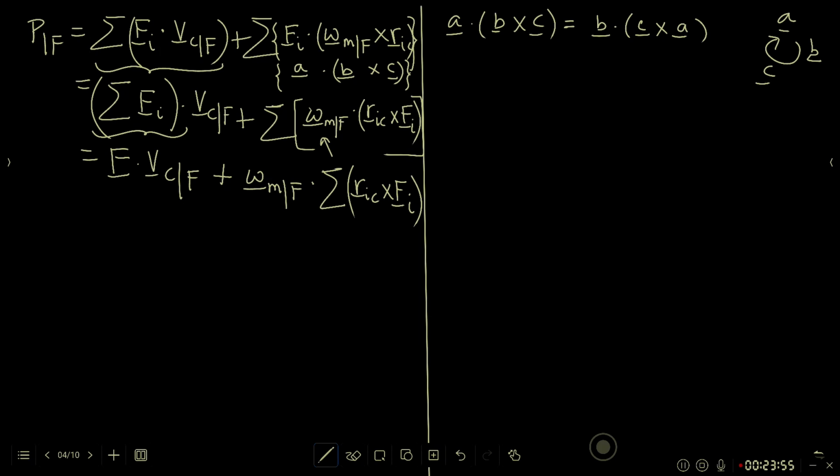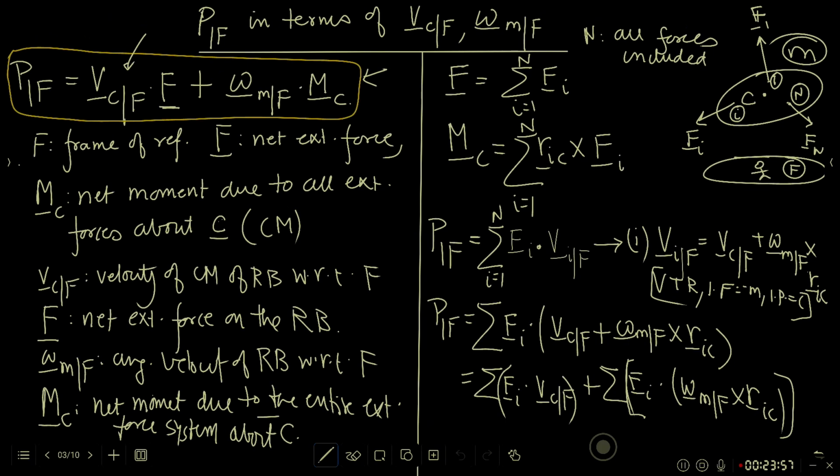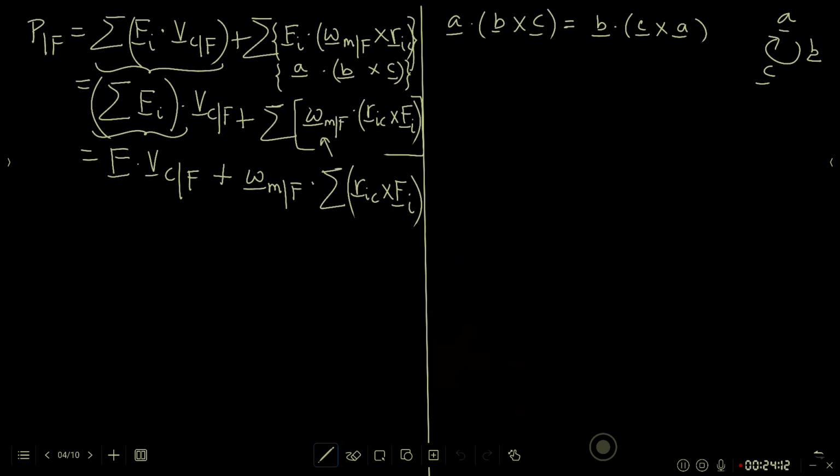Go back to the previous slide and note that this summation, RIC cross Fi, I going from 1 to n, is what we call MC, and that is the net moment due to the entire force system. So I'm going to bring back that symbol and I get this.